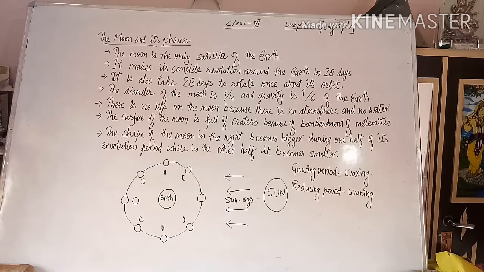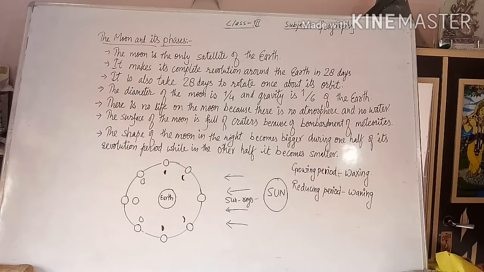As you can see, the upper part is showing the growing period, that is waxing, and the lower part is showing the reducing period, that is waning. So you can understand the growing period and the reducing period from this picture.